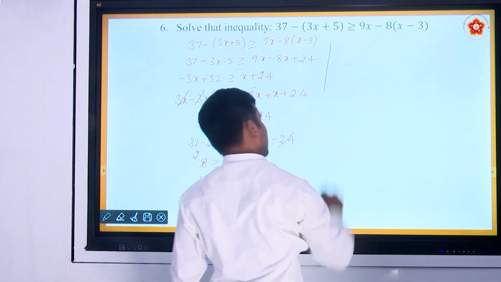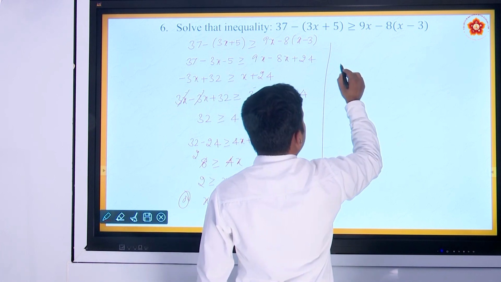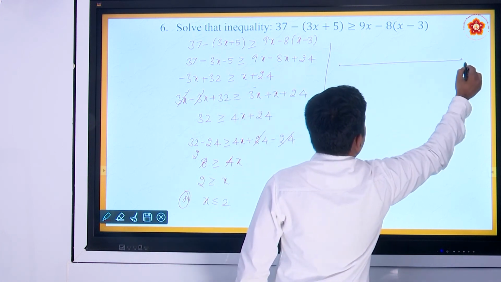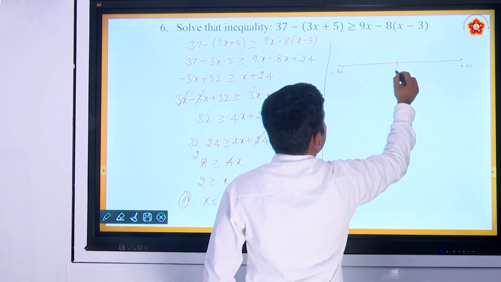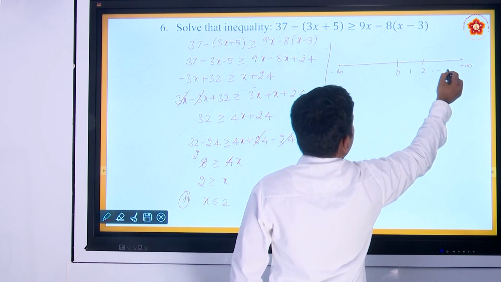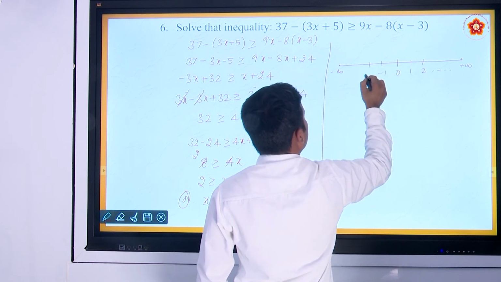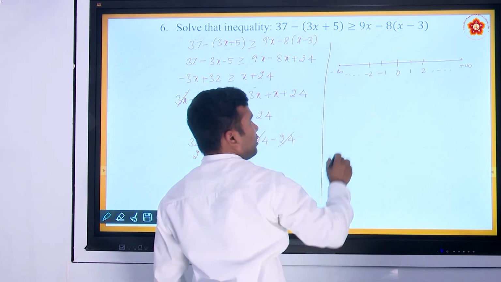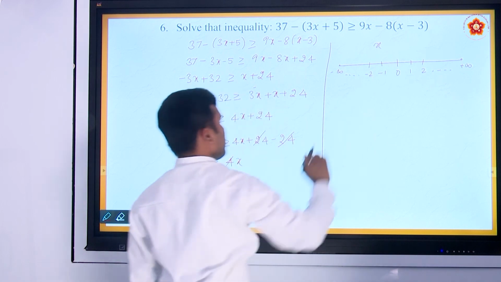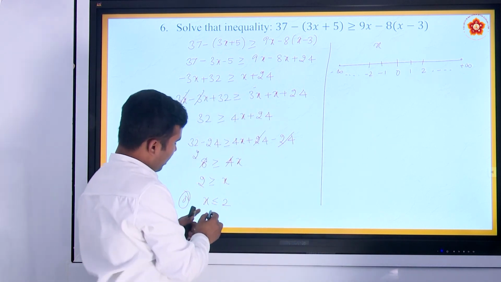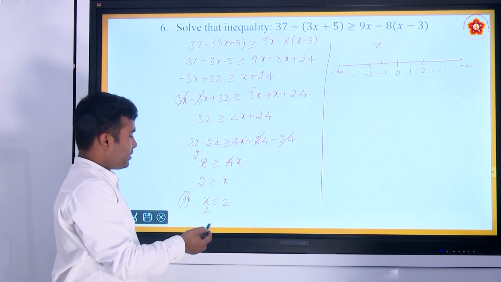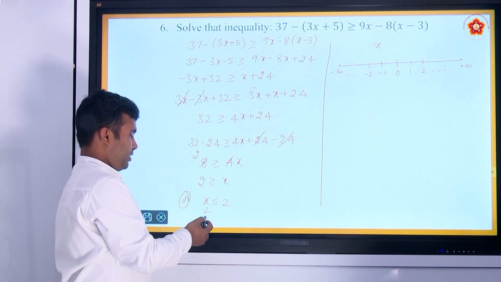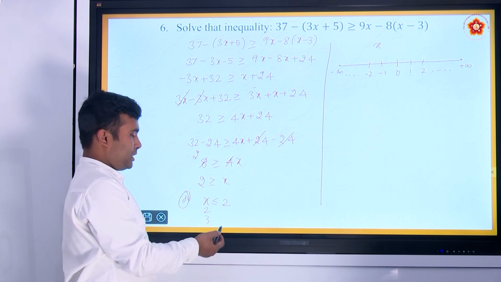So I can represent this: plus infinity, minus infinity, 0, 1, 2 continue, minus 1, minus 2, it will continue. This is x, the values of x. Look here. 2 also satisfies this inequality, and 3 cannot be satisfied.